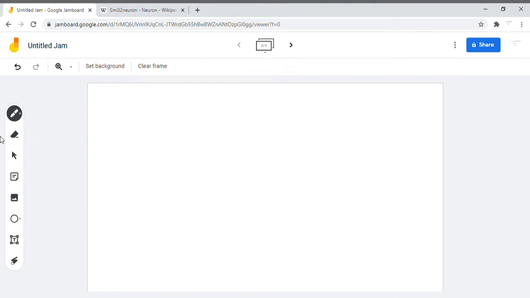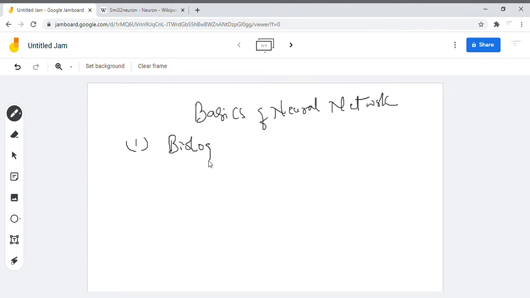So in this tutorial we see the basics of neural network. To understand the basics of neural network, we will first see what is a biological neuron, and secondly, we see what is a perceptron model.